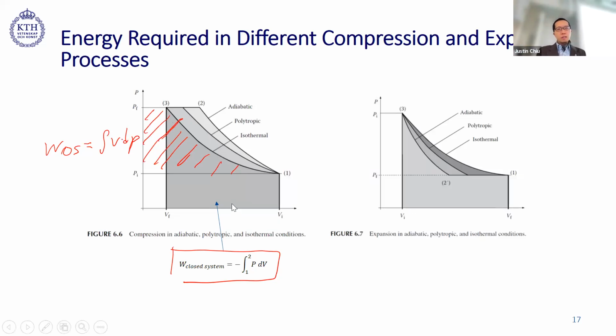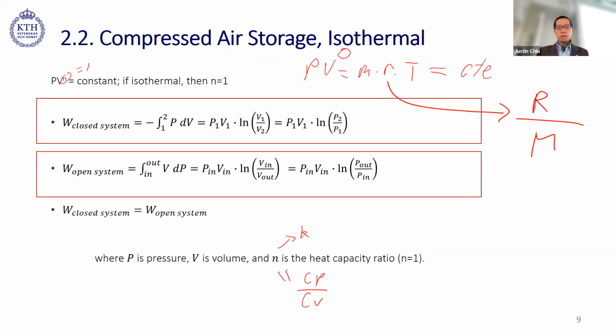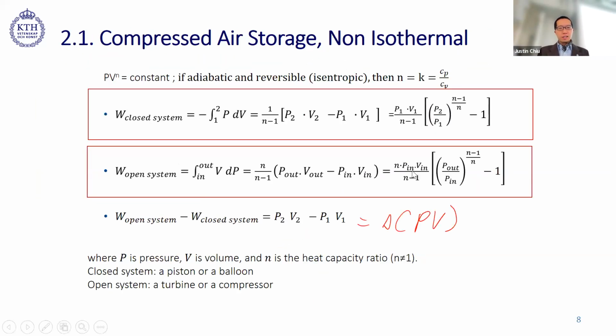And then if you subtract them, what you get is this difference, P1 V1 minus P2 V2. That's the difference in terms of the work that we explained just earlier here.